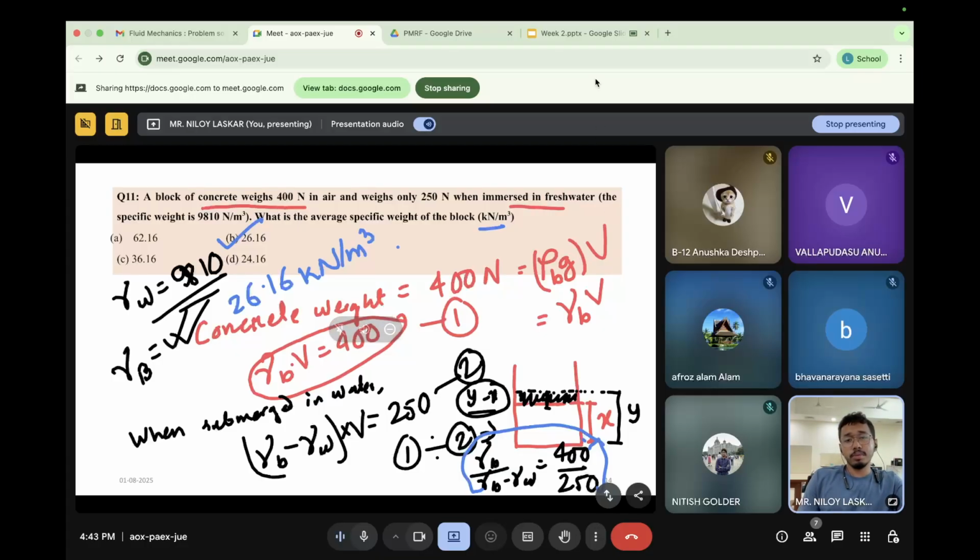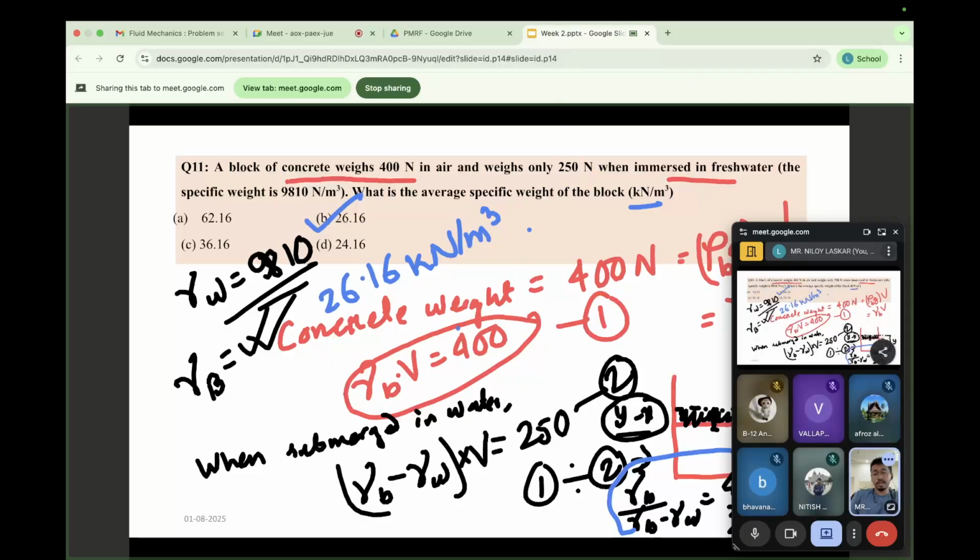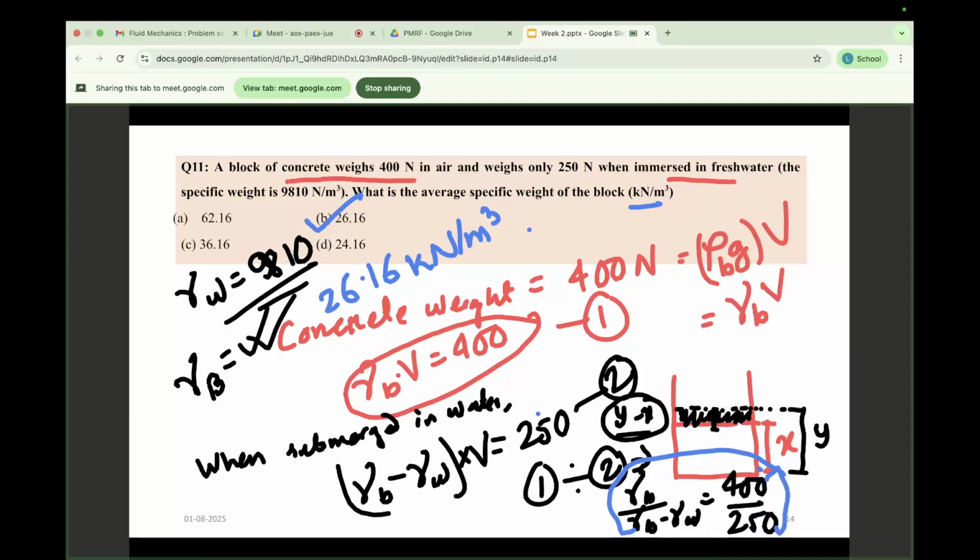Another confusion some of the students may face is why in case of water I have to subtract this gamma W, but in case of air it is not used. Actually in case of water also the similar formula is there, that is gamma air.